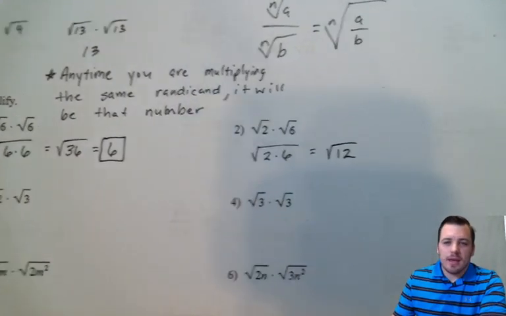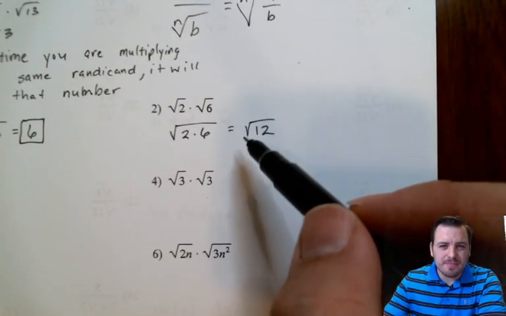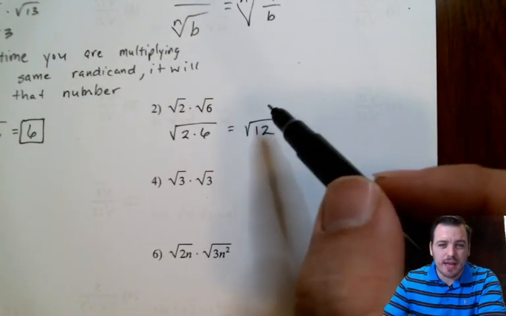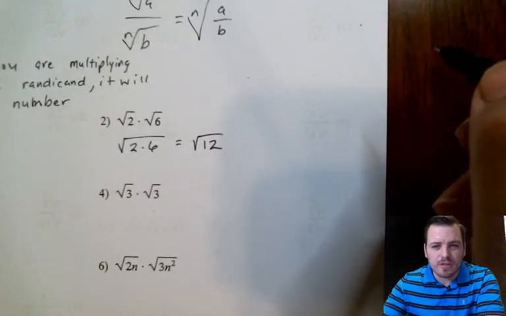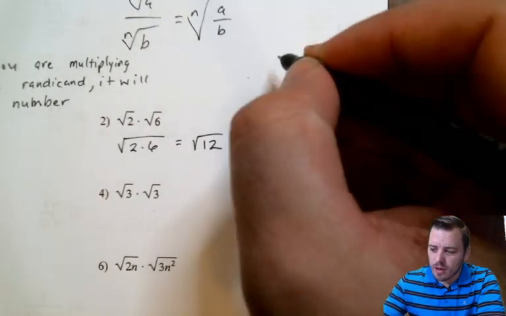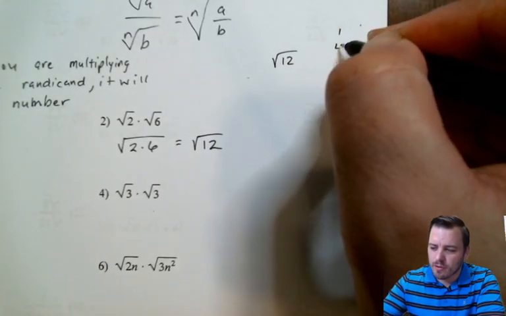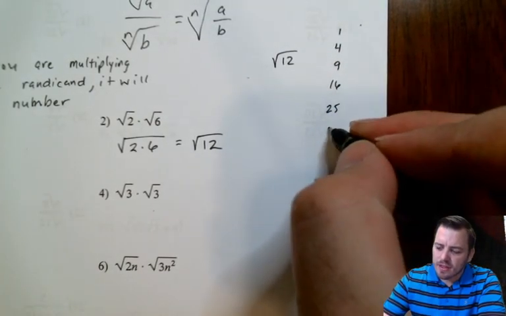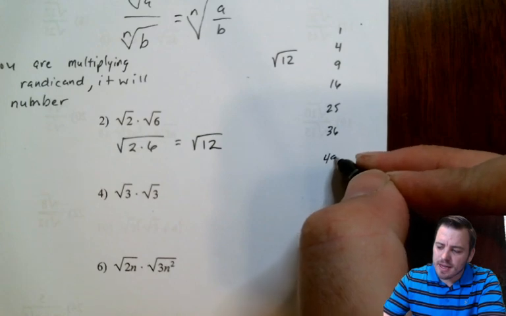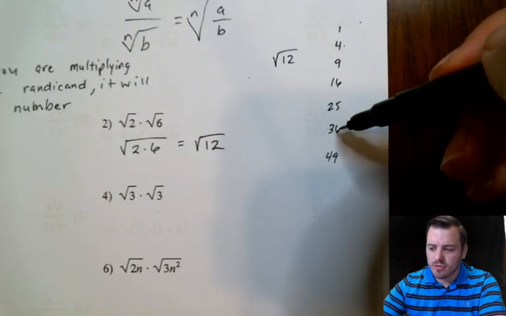So this kind of goes back to, remember when we were using the quadratic formula and you had a square root and you said, hey, how can I simplify this? So you ask yourself, what perfect square goes into 12? Well, remember we'd say, 1, 4, 9, 16, 25, 36, 49. And we'd say, which one of these will go into radical 12?